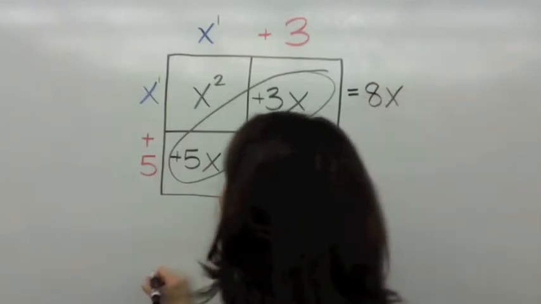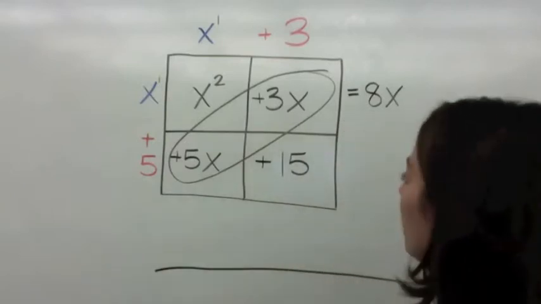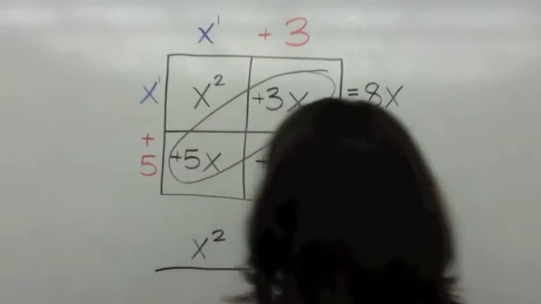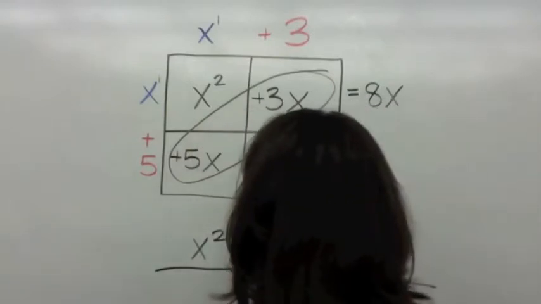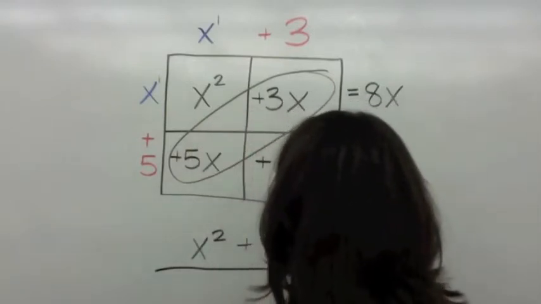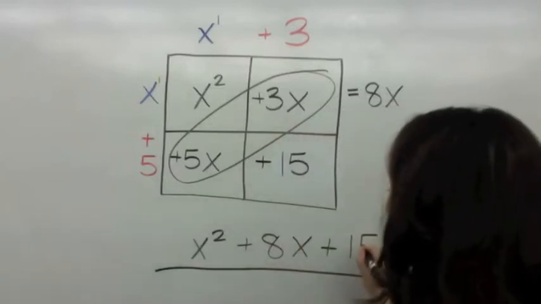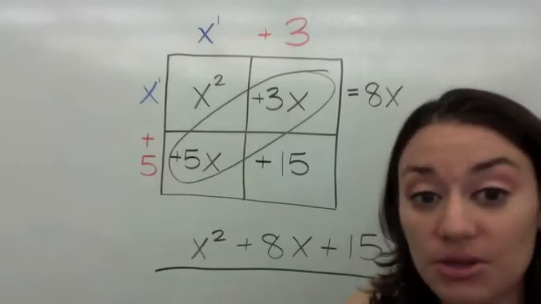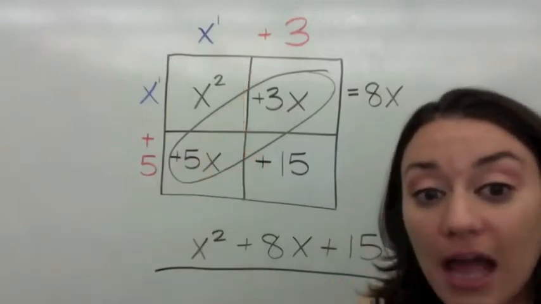Now we will write it in order. The quadratic term is x squared. The linear term is positive 8x. And the constant is 15. So this is another way to FOIL, by using a square to help you multiply.